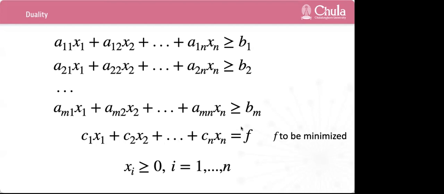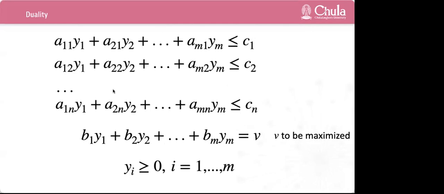And this system, we can transform it to this system, where we have a11 y1 plus a21 y2 plus and so on to am1 ym less or equal to c1.